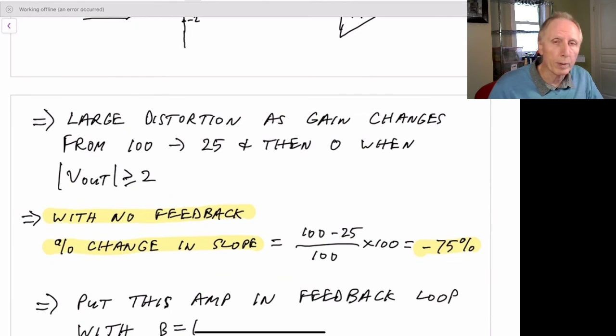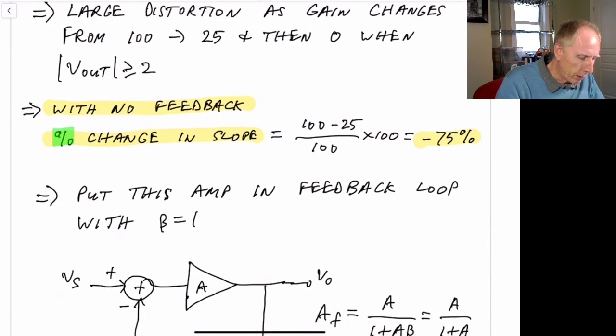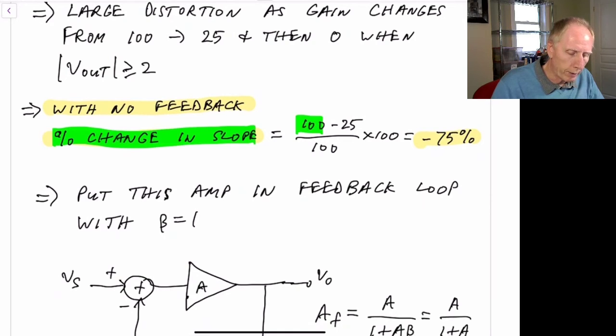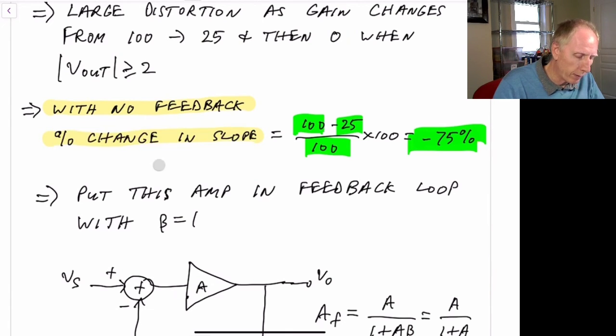Certainly if the output becomes higher than 2, it's going to saturate, and we'll have distortion. So with no feedback, the percentage change in our slope is 100 when Vn is very small, to 25 when Vn becomes larger, so we get a minus 75% change in the gain. Of course, it goes to minus 100% once we finally reach 0, but let's just worry about the case where it goes from a gain A1 of 100 to A2 of 25.